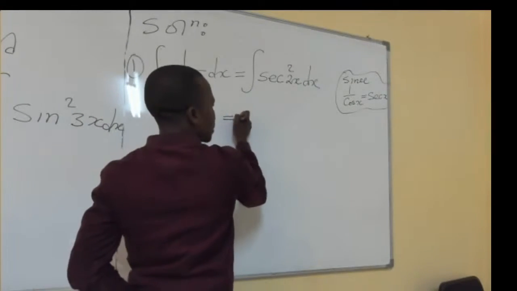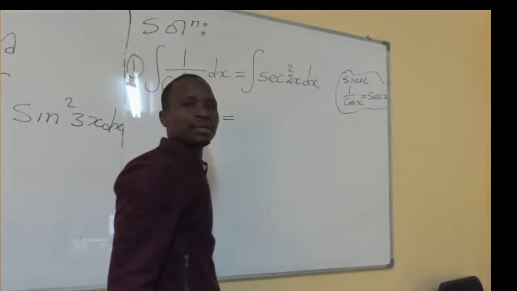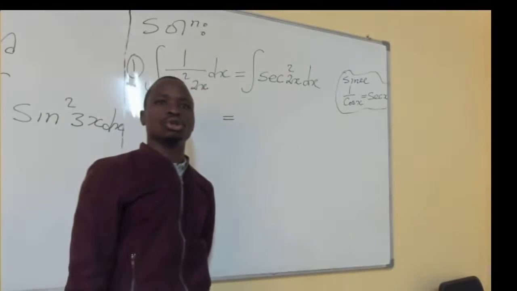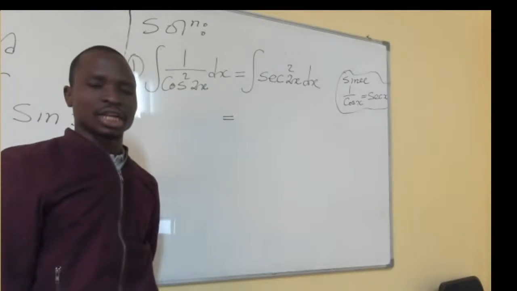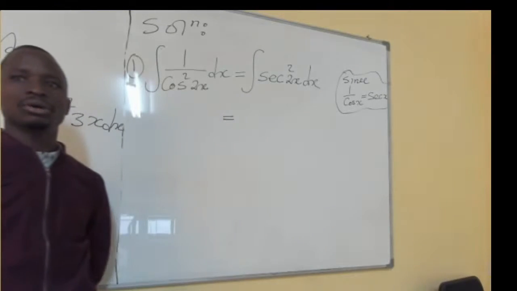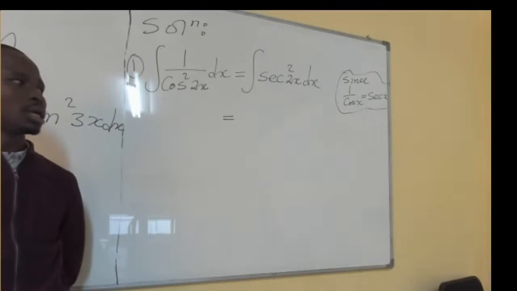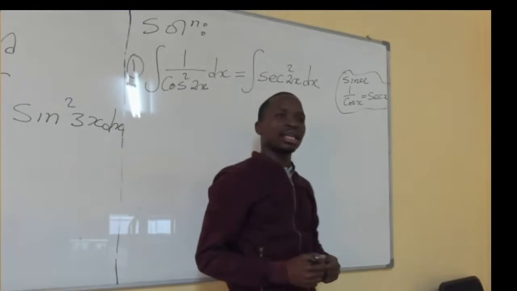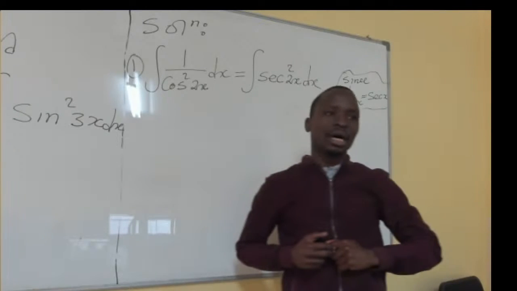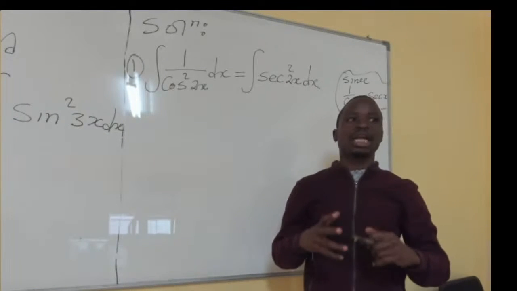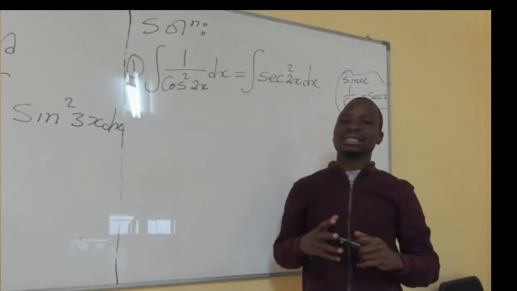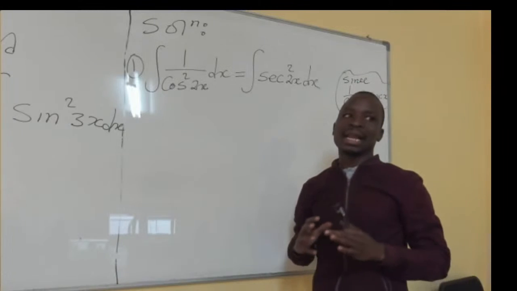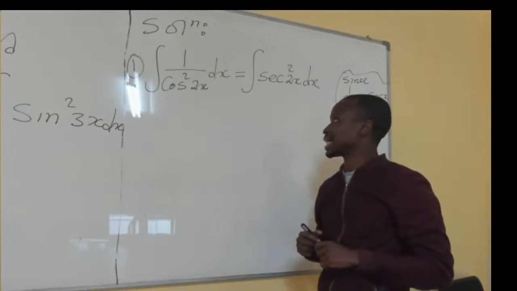Now, if you go back to your last sessions about integration, because we are at this stage, I think it becomes a bit challenging to understand: we have a 2x here, so how can we go ahead and do the integration?